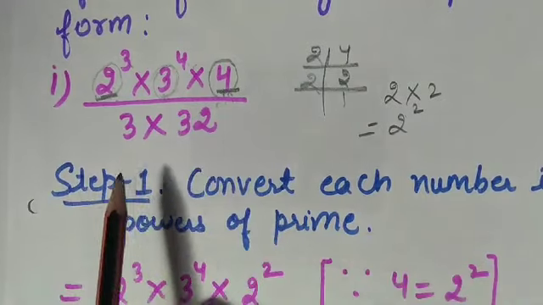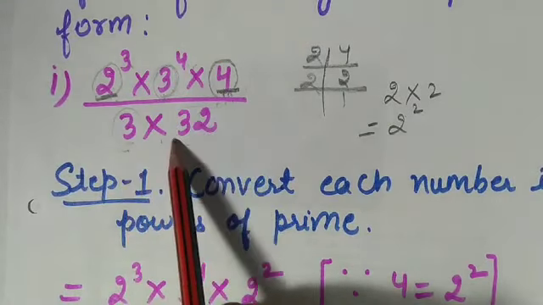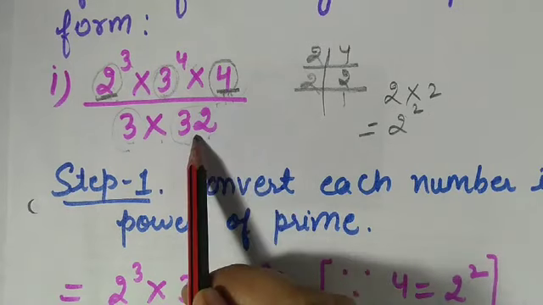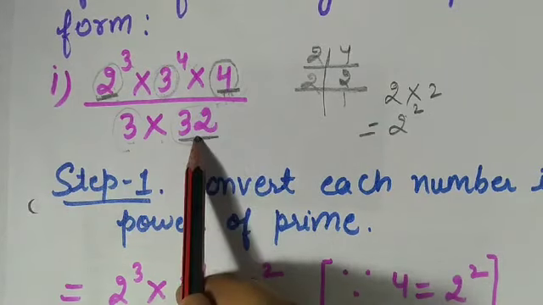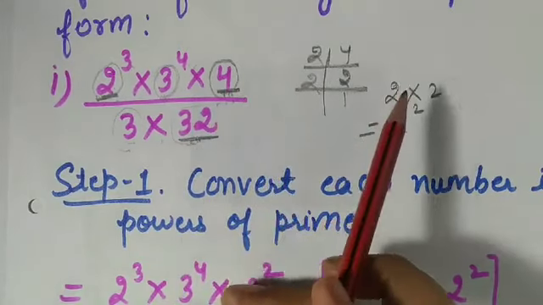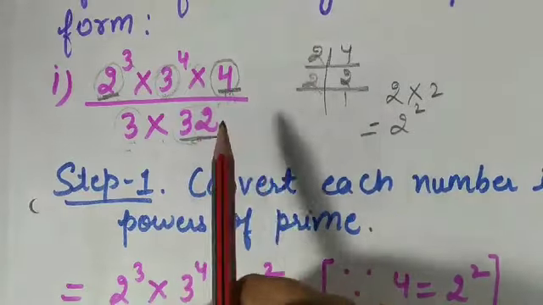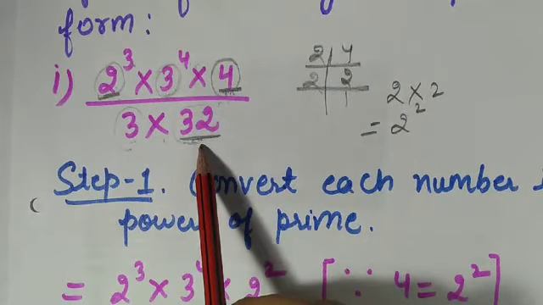Now come to the denominator. We have 3. This is already a prime number into, but this is not a prime number. We have to convert this in powers of prime. So again I will take the prime factorization. Whenever you have to change the number in powers of prime numbers, then you have to take the prime factorization of the number.